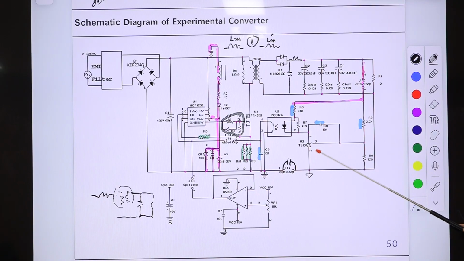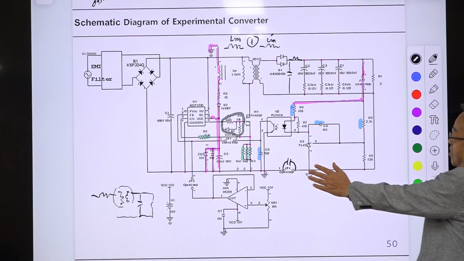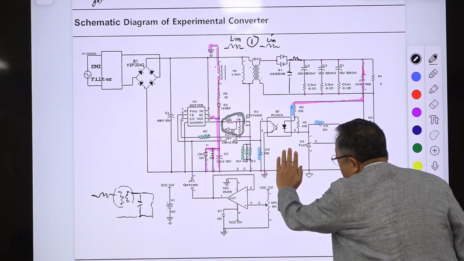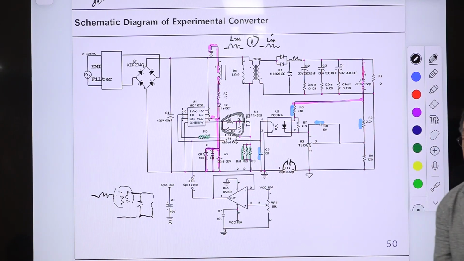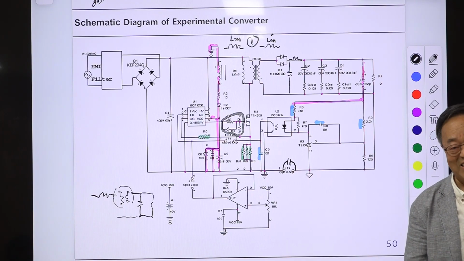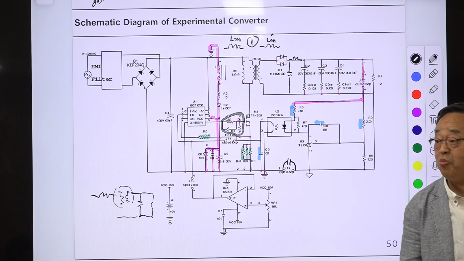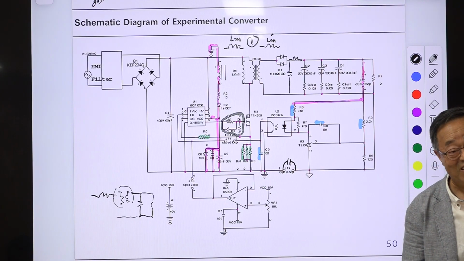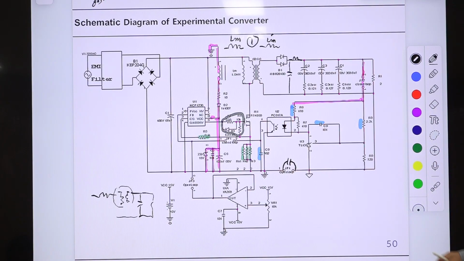Okay, and when you simulate this in PSIM, you don't need this. If you disconnect this, PSIM will complain. PSIM does not know this. PSIM won't be electric shocked, so in PSIM everything is fine.